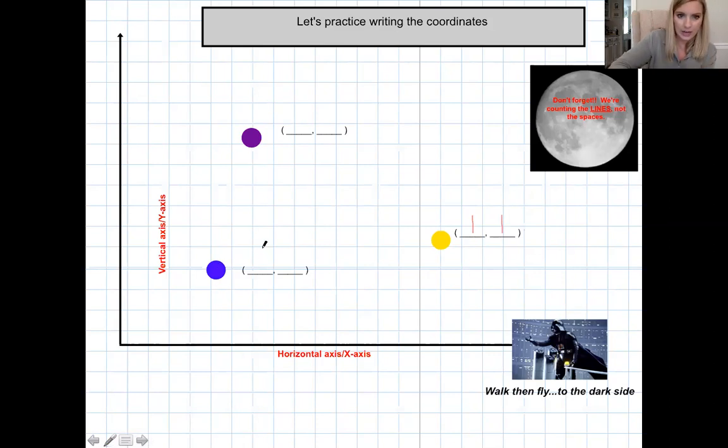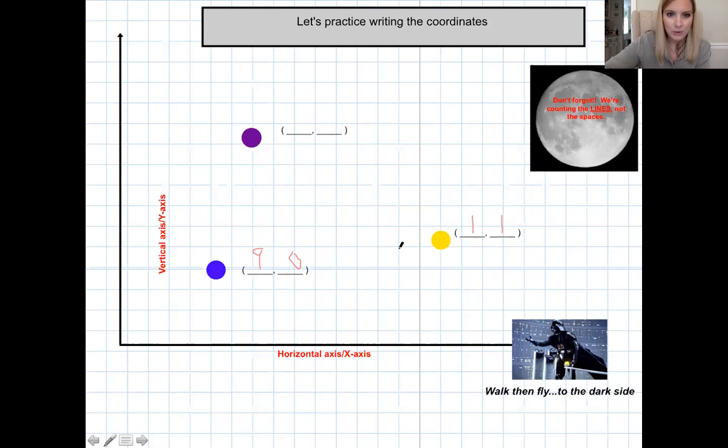So he went 9 spots horizontally. It's a funky looking 9. All right, and did they move off the horizontal line? No, so we just put 0. That looks more like a potato than a 0, but oh well.